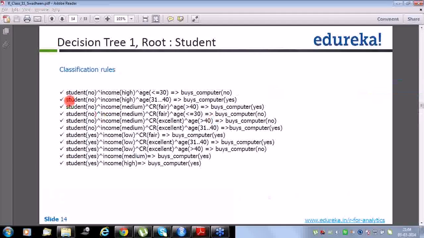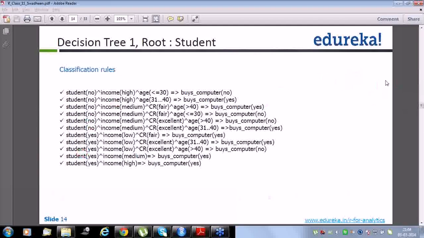Similarly, we draw another conclusion: if he is not a student, falls in the high income group, age between 31 to 40, he will buy the computer. Similarly, we have different association rules based on the branches the tree has from root node to end node.